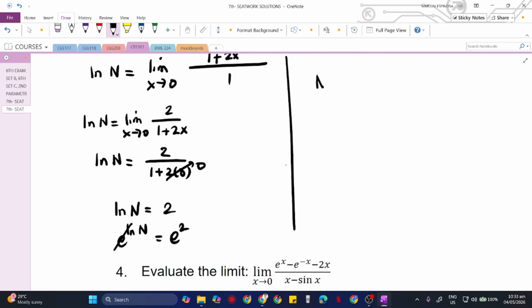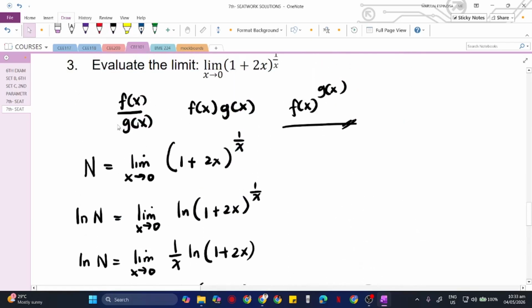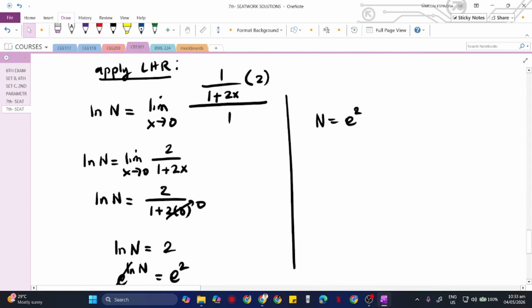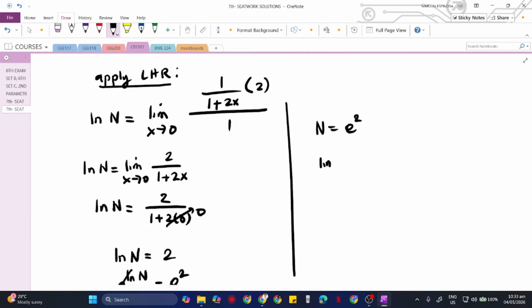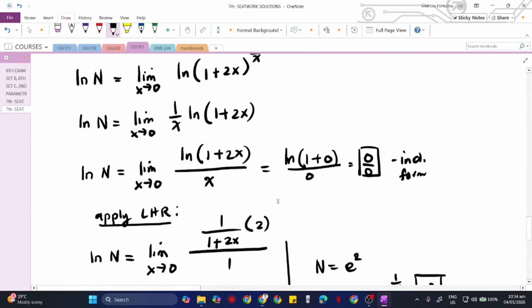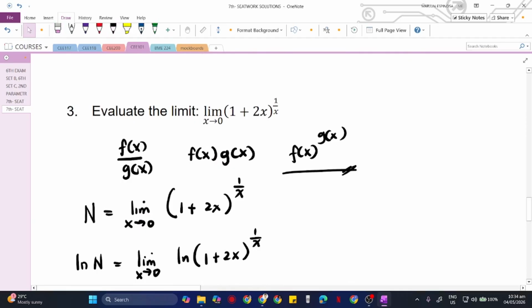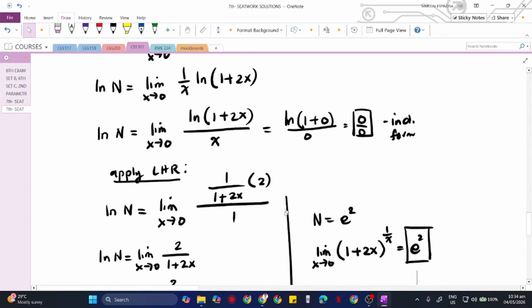Since n is equivalent to this one, therefore yung limit pala natin as x approaches to 0 of our given function 1 plus 2x raised to the power of 1 over x is equivalent sa e raised to the power of 2. So, ito na yung magiging sagot natin for our given problem. Okay? Nakuha ba, class? Yes po, sir.